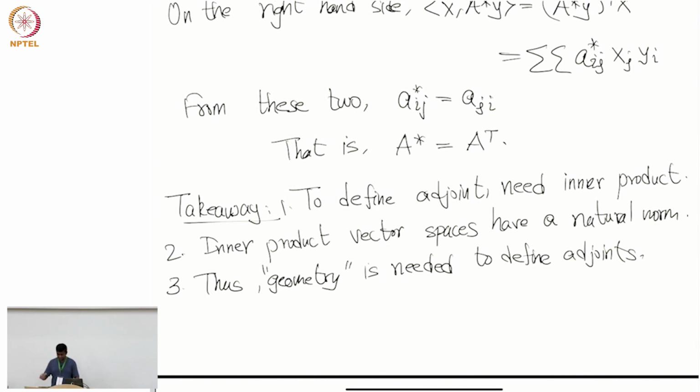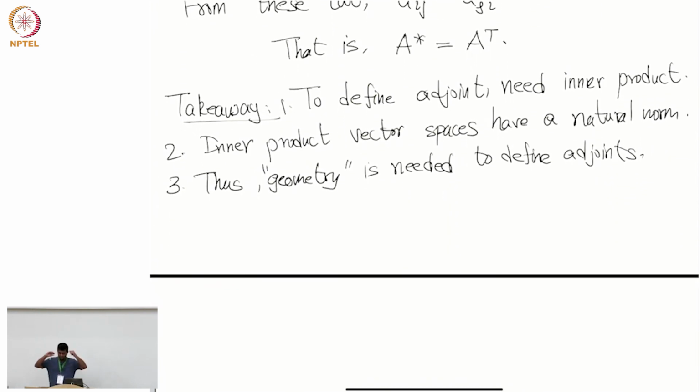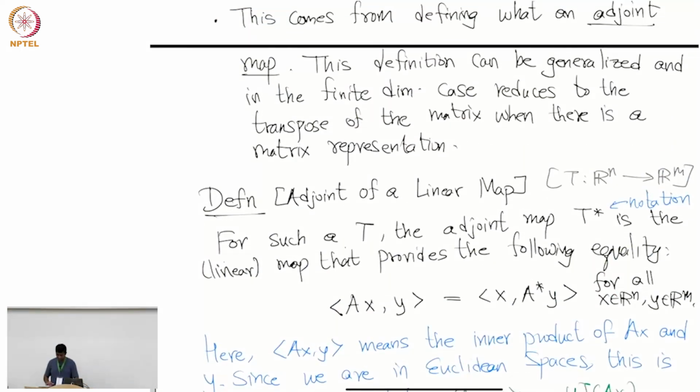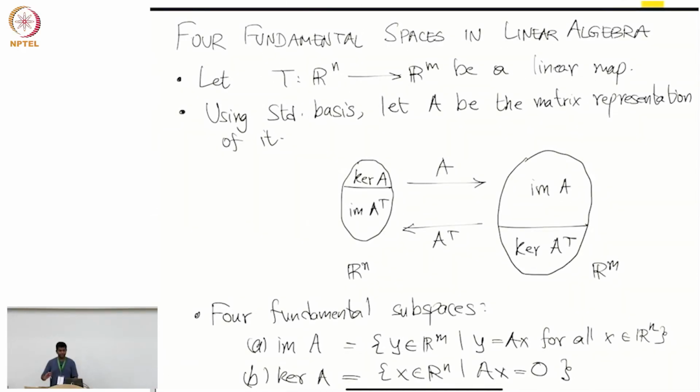And how does it manifest itself? Geometry is not merely measuring the lengths of vectors or their angles. It manifests quite nicely in this diagram itself. Does anyone know the relationship between these four fundamental subspaces? Image of A and kernel, that's one thing that comes out of it.